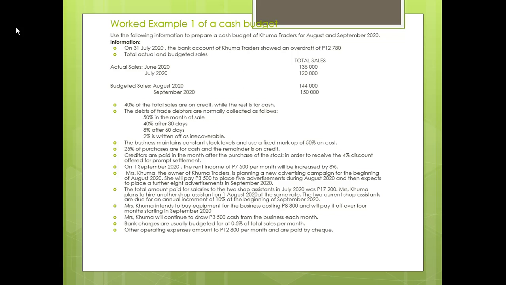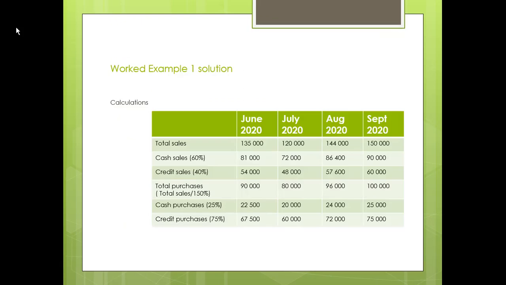So these are the calculations which we will make to enable us to prepare this budget. We also have information on what they are going to pay as expenses, as well as the other expenses.